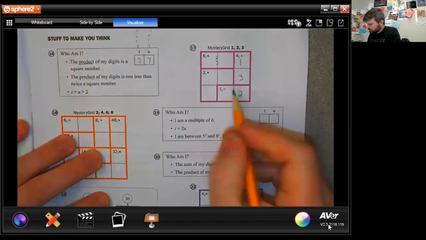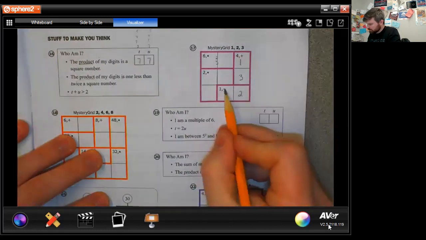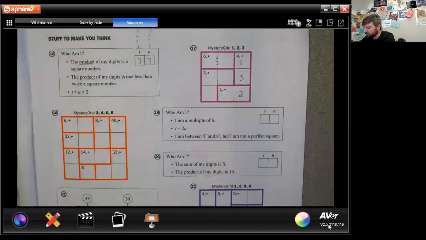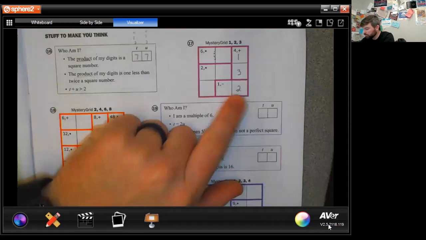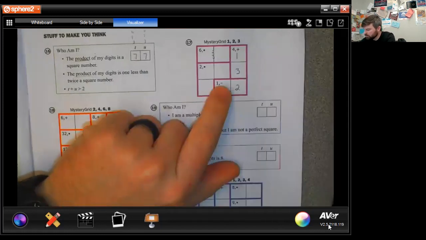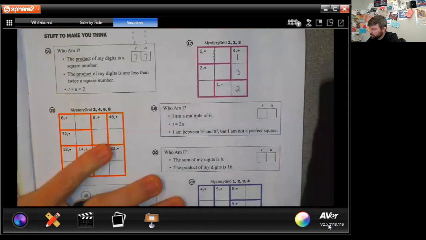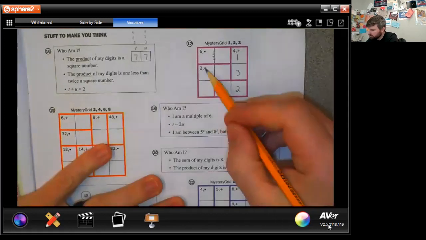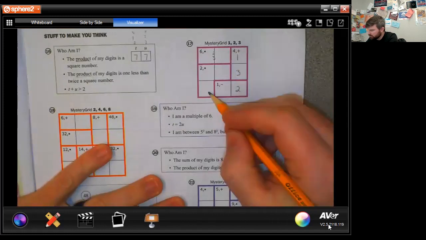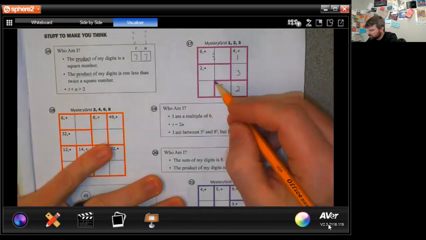That's 1, 3. This must have a 2 here. To get 1 with subtraction, you have to have a 2. So that could be 2 minus 1 or 3 minus 2. We don't know. This could still be a 3 or 1. Well, multiplication of 2, that's 2 and 1, but we have 3 numbers here. So we're going to have a 1, 1, and a 2.